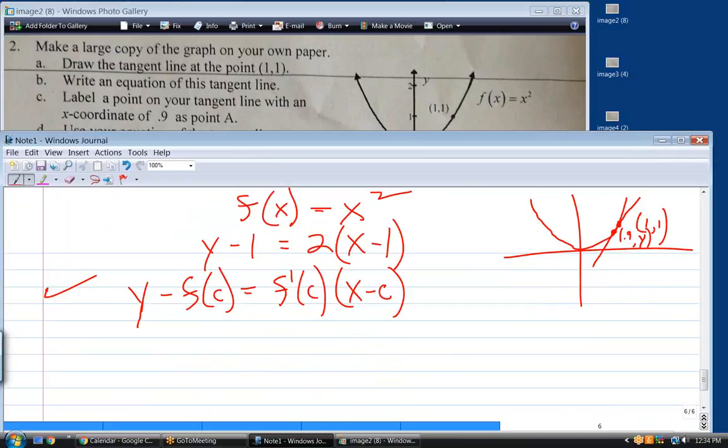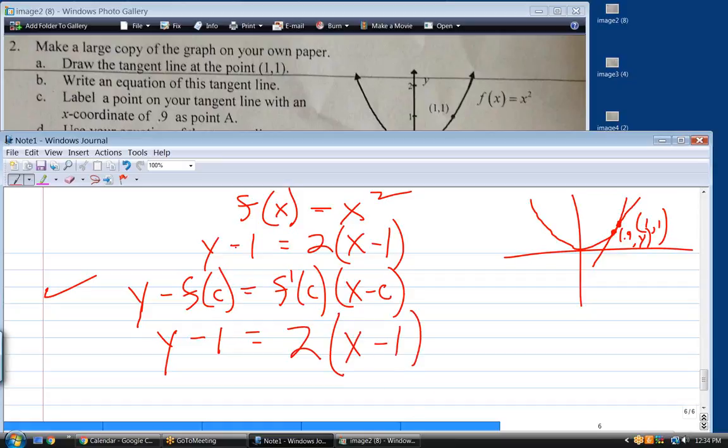All right. What is c? Wouldn't it be 1? Yes. Okay, so we get the approximation is y minus f of c, which is also 1, the y value at c equals 1. f prime of c, we've already figured out, is 2, times x minus 1.